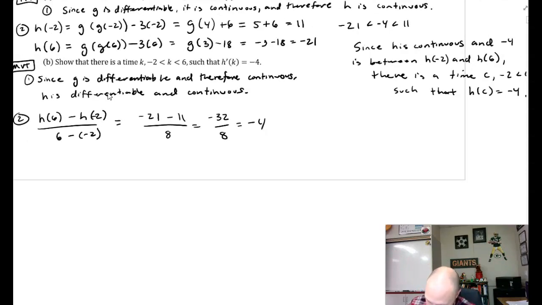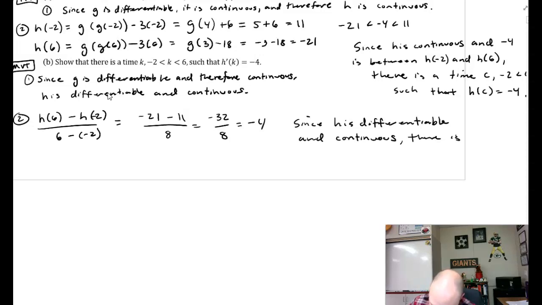So now I need to just state the conclusion. And our conclusion is, since h is differentiable and continuous, there is a k for negative 2 less than k less than 6, such that, and here's where I just state what the mean value theorem says, the IROC is equal to the AROC.